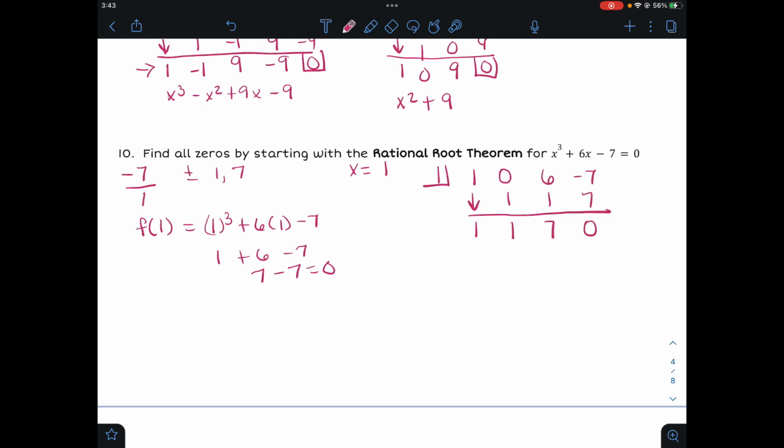Add them together, and you should have no remainder because we found out 1 is a solution. This started out as a third, so this is x squared plus x plus 7. Now, we could see if we could use traditional methods because this is a quadratic. However, this is not factorable, so we would have to use the quadratic formula to then find our other 2 roots.